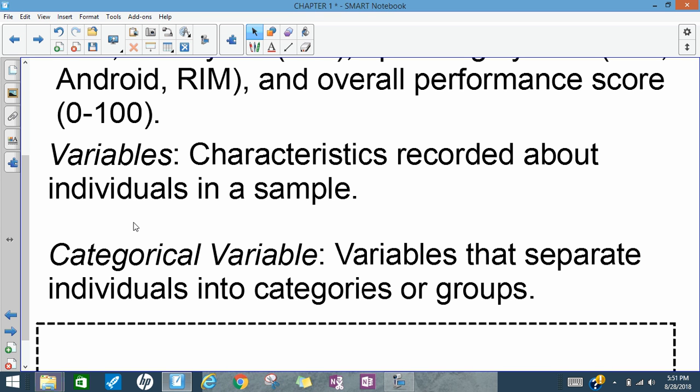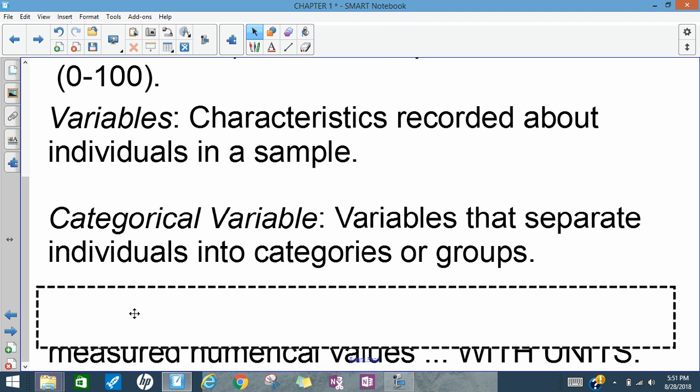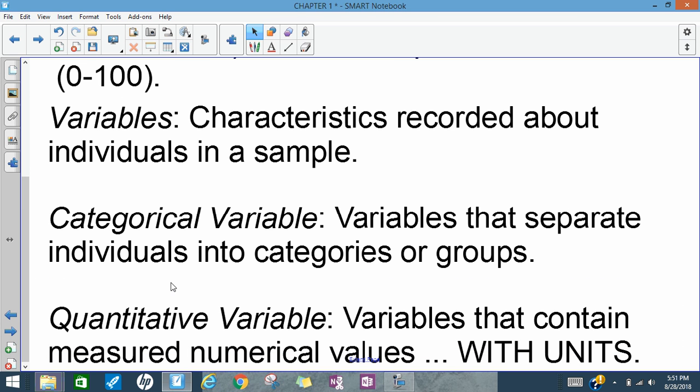We're separating cases into different categories. So male, female, freshman, sophomore, junior, senior, something where we can just put somebody or something into a category based on its characteristics. And then we have quantitative variables, and you might guess that those have to do with some sort of measurement. They typically have units like feet or miles per hour, things like that.